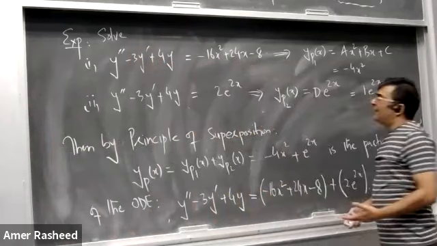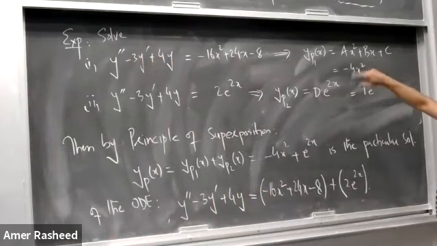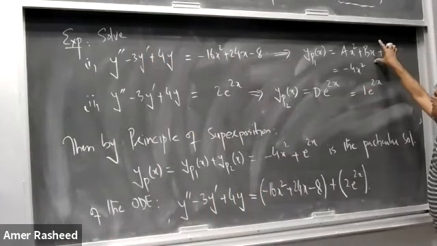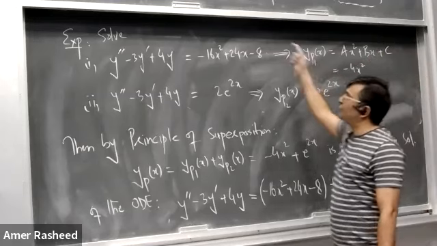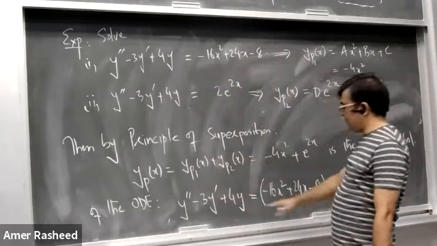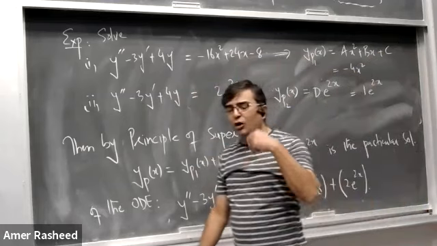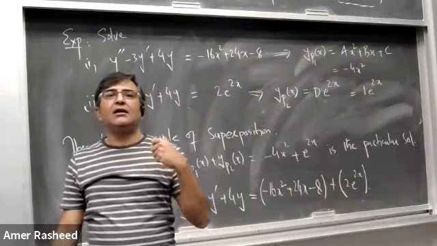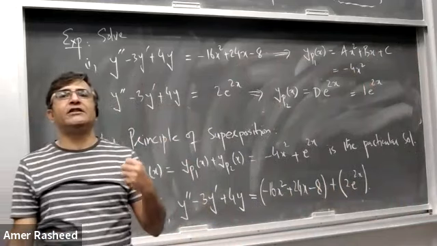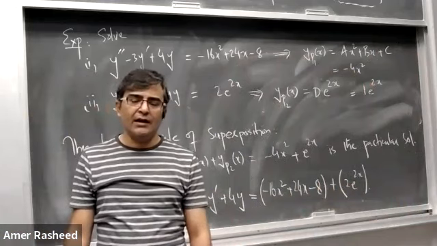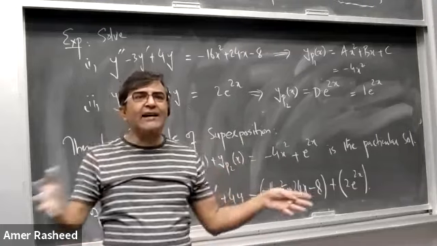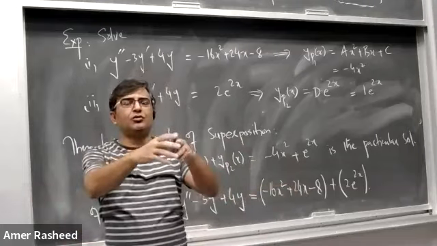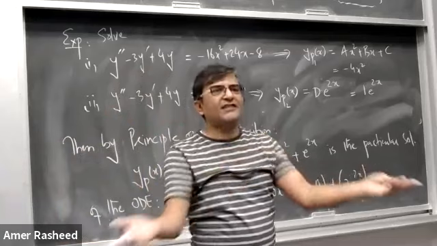Now, if we assumed the solution as this plus this, and then inserted the solution into this differential equation, this would complicate our calculation of the undetermined coefficients. The principle of superposition helps us to divide the differential equation into various differential equations.